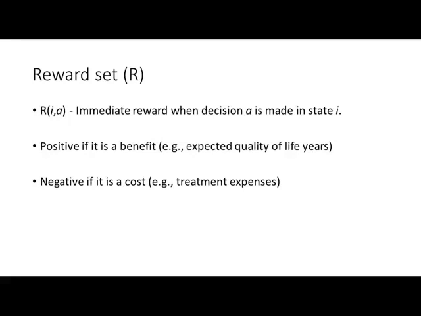And in the context of health economics, the positive reward can be expected quality of life years or other rewards. And the reward is negative if it is a cost. For example, it can be some medical treatment expenses or costs. So you can have different rewards for the same i and for the same decision. You just have to categorize your rewards.